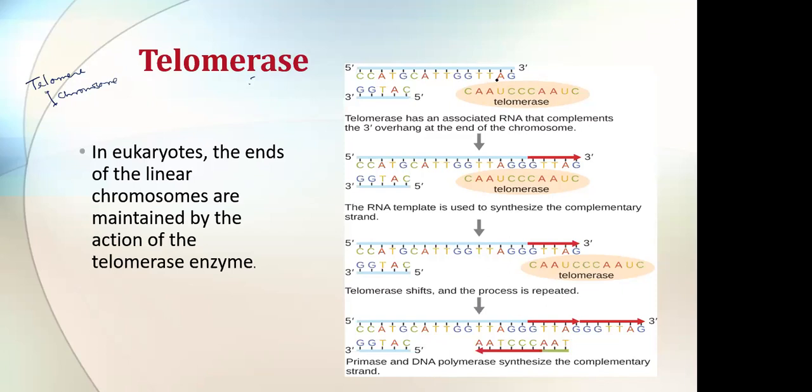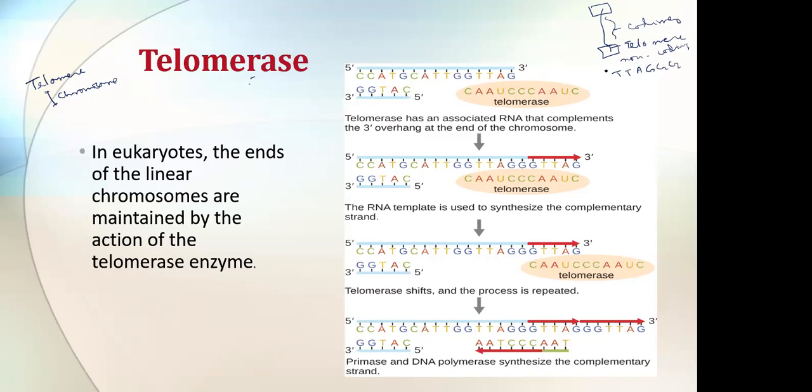Let's say this is the chromosome and this end is called the telomere. To protect all the coding region, both the ends are secured with a non-coding sequence, and it goes TTAGGG.